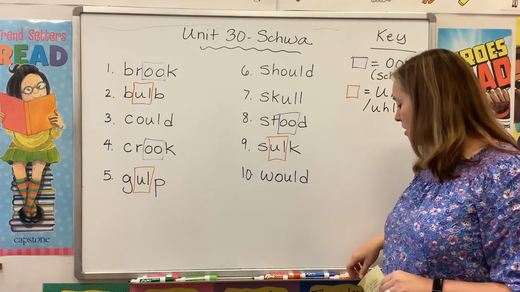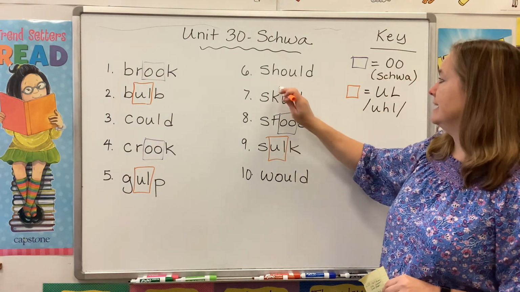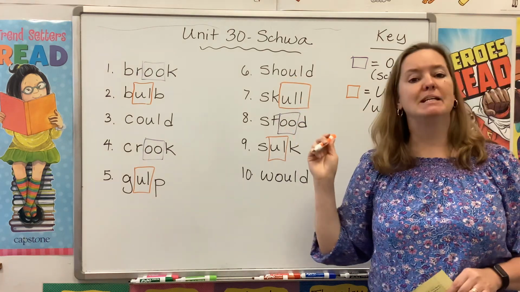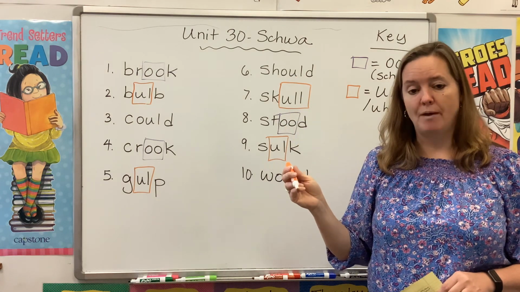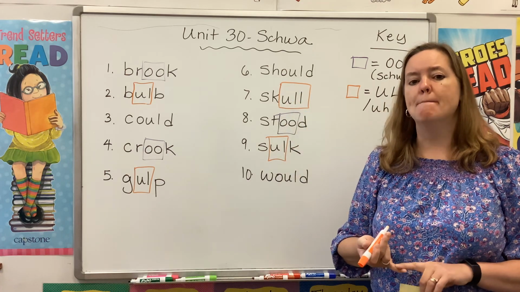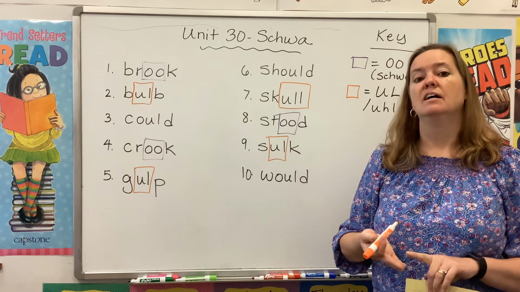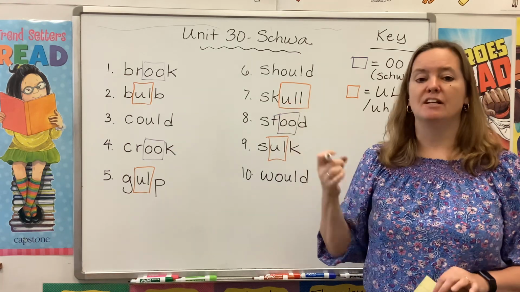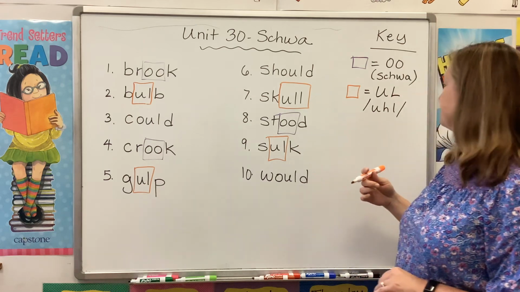Now, we also see that in this word, skull. But this time it's U-L-L, okay? This shouldn't be new for you either. You've seen this in words like bull, full, dull, okay? The U-L-L is going to make an "ul" sound.